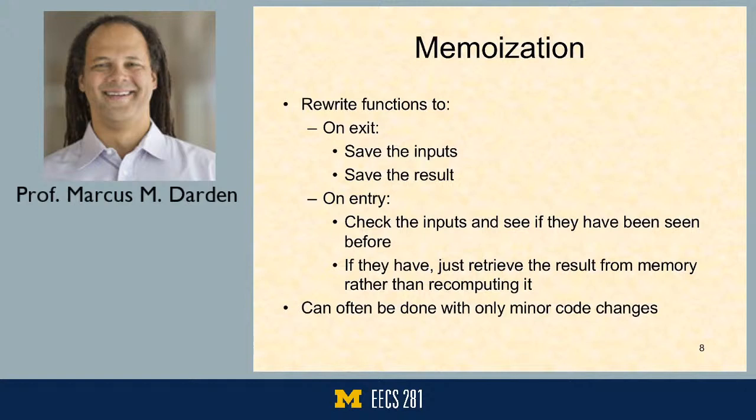And oftentimes, because of the way that we set the memo up, the memo is going to be some block of contiguous memory, whether it's a single variable or a one-dimensional variable or a two-dimensional variable. We've got all of this stuff in place that we've stored, our results that we've stored. And so rather than explicitly saving the inputs, I can often say, well, I'm going to use those inputs to look up the value that I need.